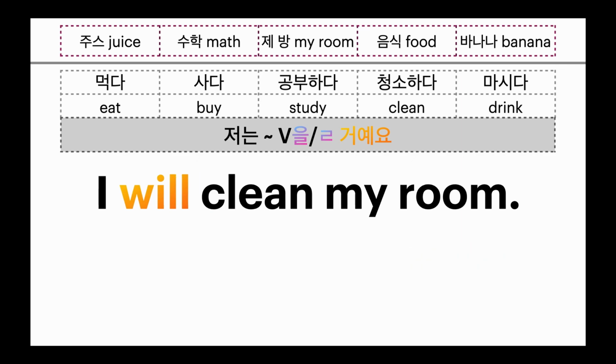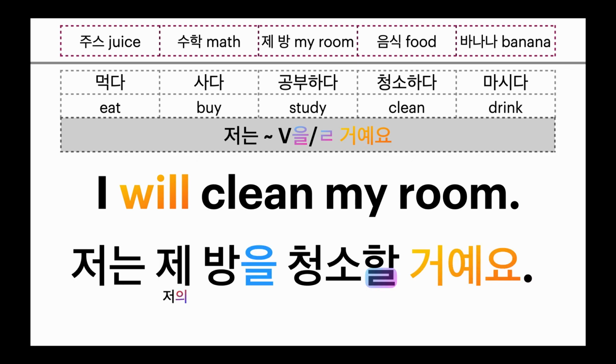I will clean my room. 저는 제 방을 청소할 거예요. And of course, you're also free to use 저 plus 의, 저의, in place of 제 as the unabbreviated form.